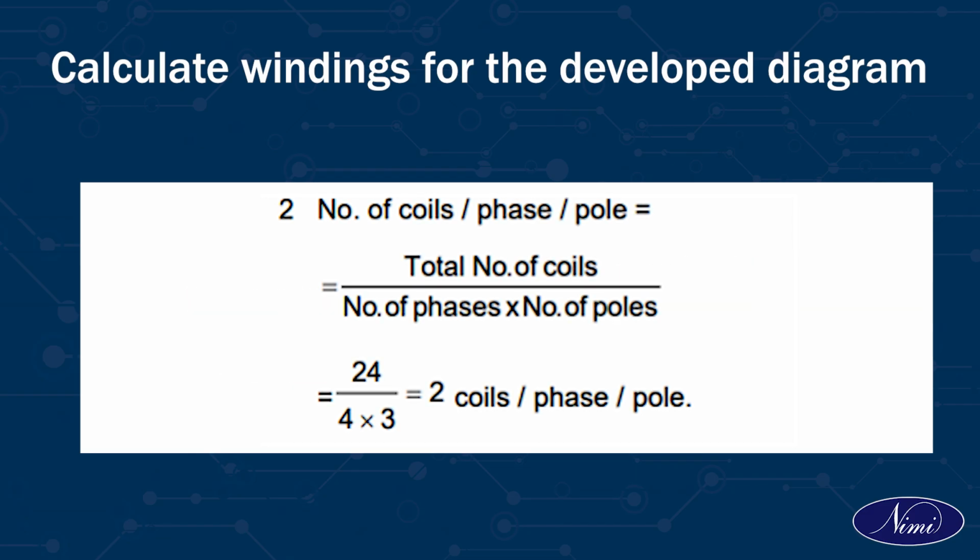Number of coils per phase per pole equals total number of coils divided by total number of phases into number of poles, equals 24 divided by 4 into 3, equals 2 coils per phase per pole.